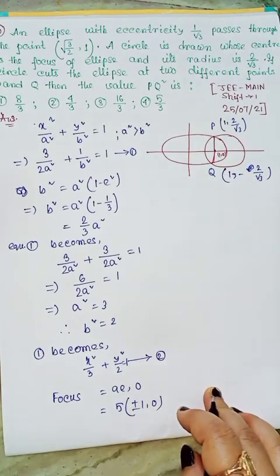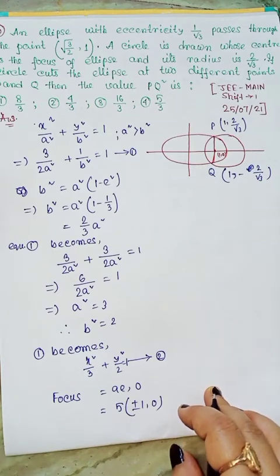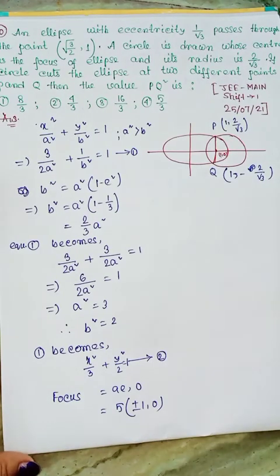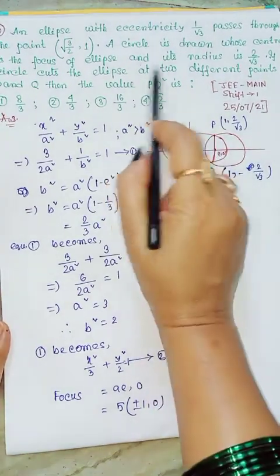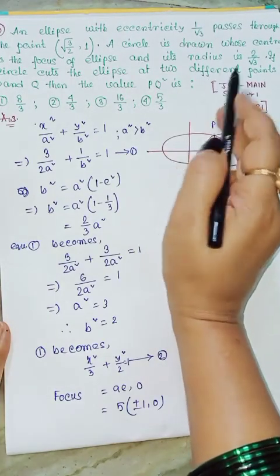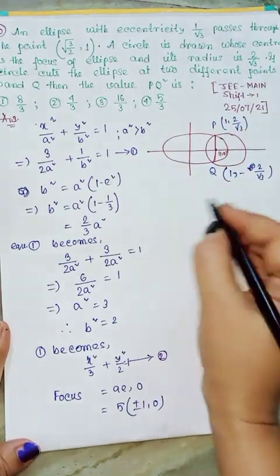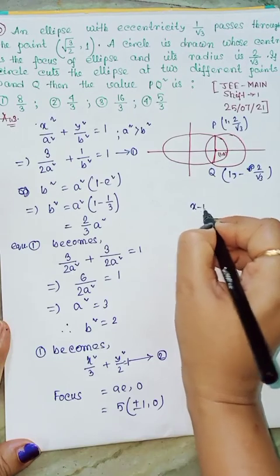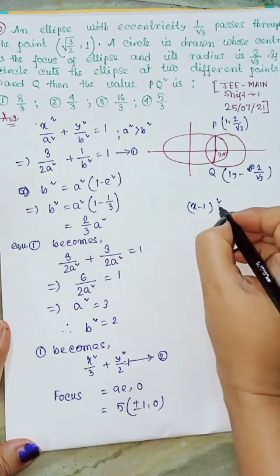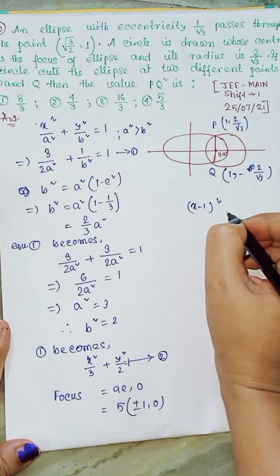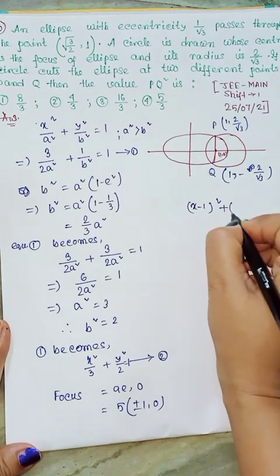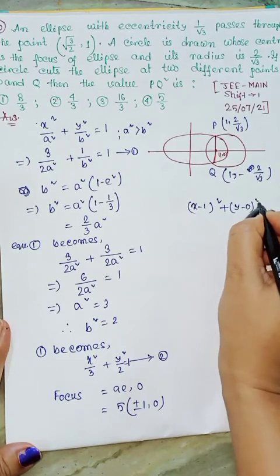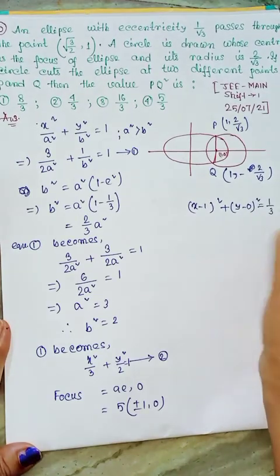Now the ellipse cuts the circle at different points P and Q. So x minus 1 whole square plus y minus 0 whole square is equal to 1 by 3.